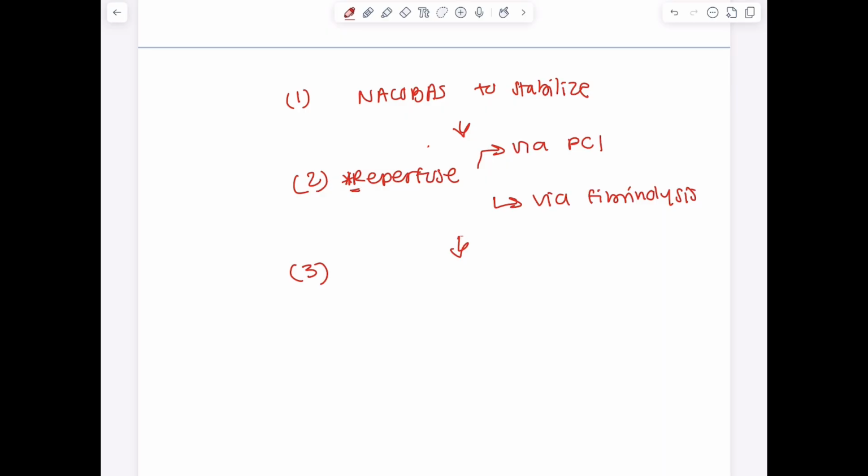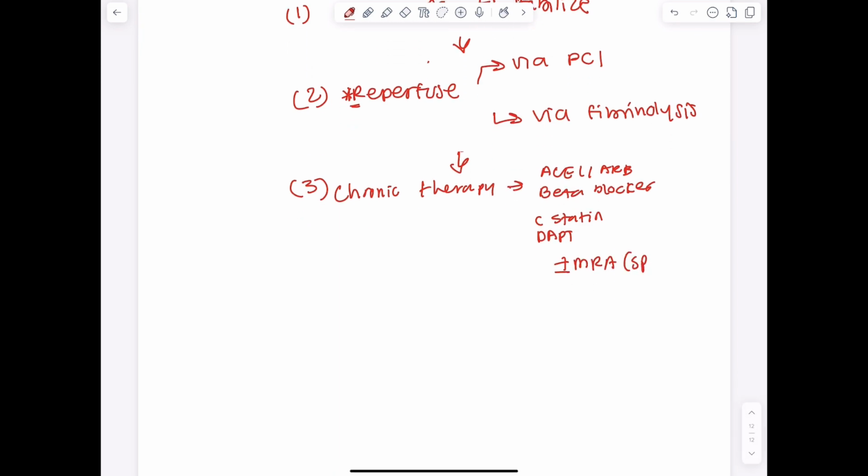Once you reperfuse, you go to chronic therapy, which is gonna be the A, B, C, D that we talked about: this is DAPT, and this is statin, and this is beta blocker, and this is ACE inhibitor or ARB, plus or minus MRA, which is spironolactone or eplerenone.